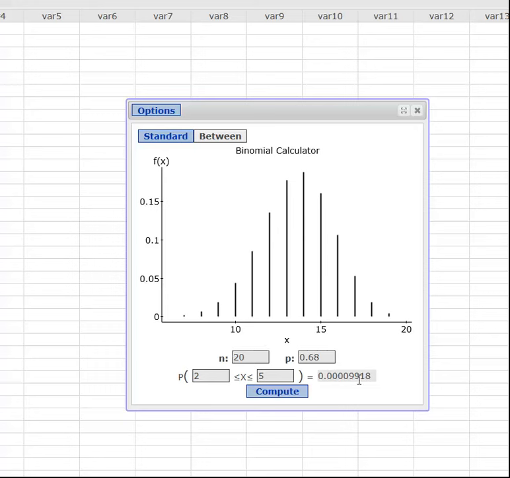Unfortunately, when I'm recording, the software somehow disables that functionality. But if you were to do this at home, you would see that the histogram is indicating the correct area that corresponds to the probability.